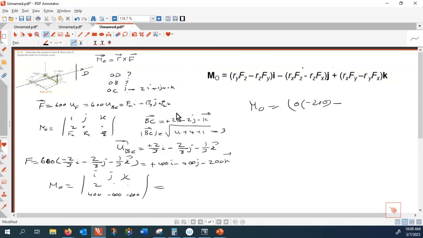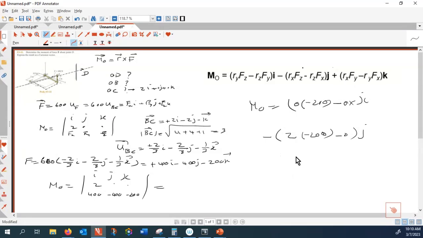Minus r_z F_y. r_z is 0 times whatever, i, and the j component has a negative in front of it: minus the parenthesis, r_x F_z. r_x is 2, F_z is minus 200, and then minus r_z F_x, that is minus 0, j.